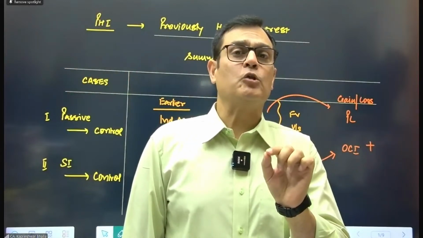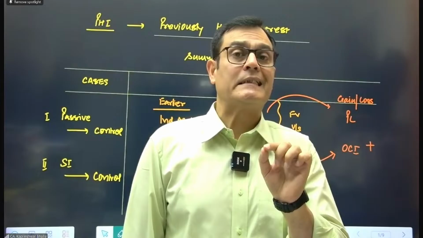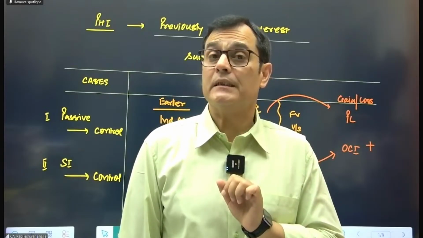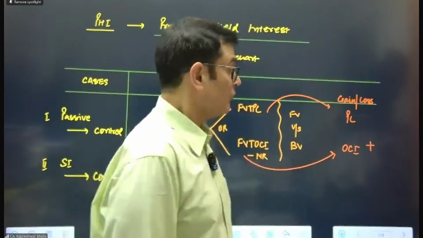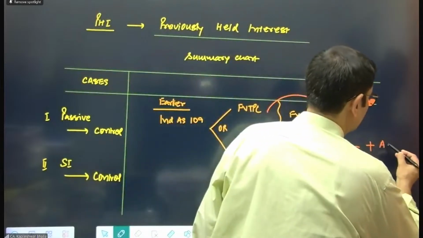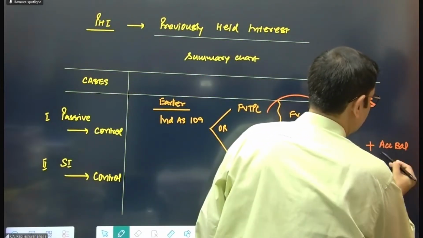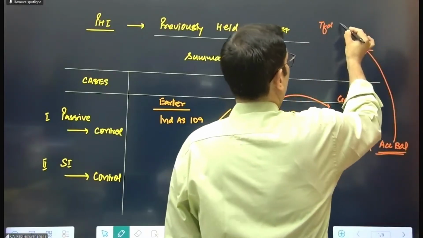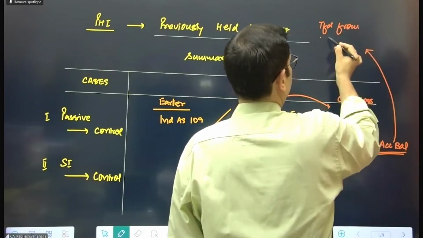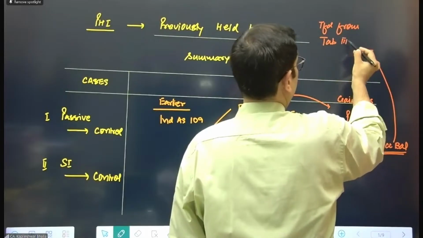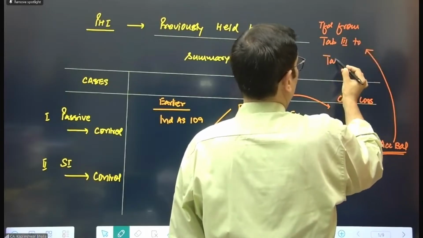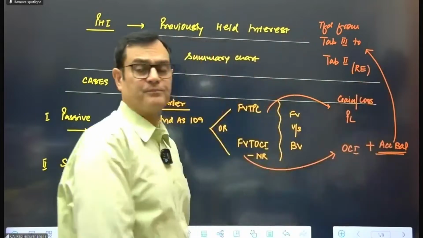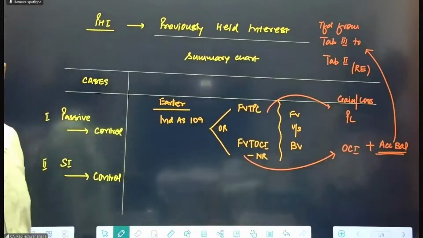Whatever is the accumulated balance in SOCI in tab number 3 is also going to be transferred to retained earnings, that is tab number 2. So this accumulated balance is transferred from tab number 3 of the statement of changes in equity to tab number 2, which is retained earnings. I think that makes life simple.